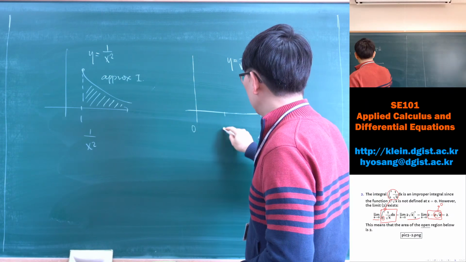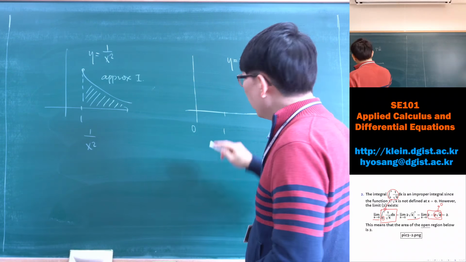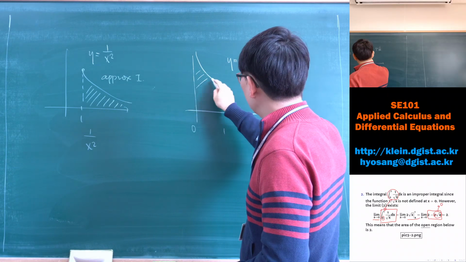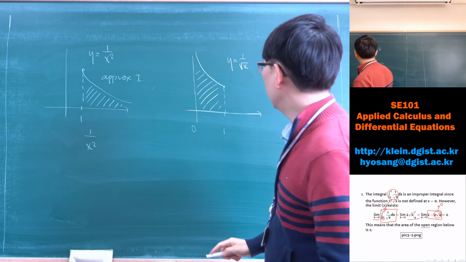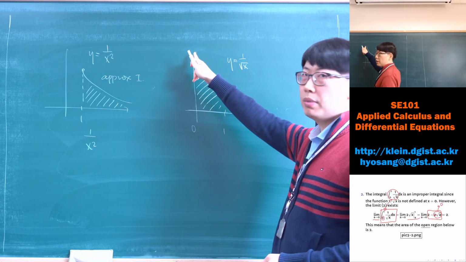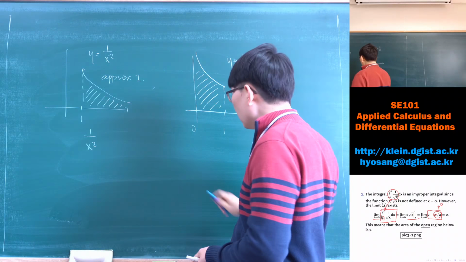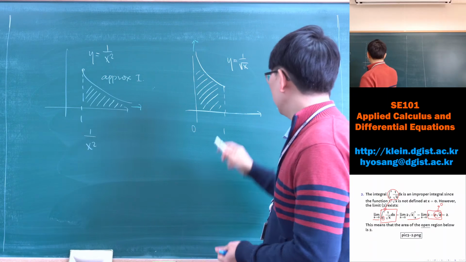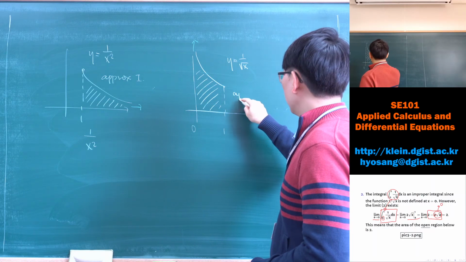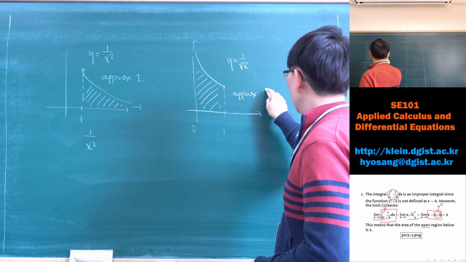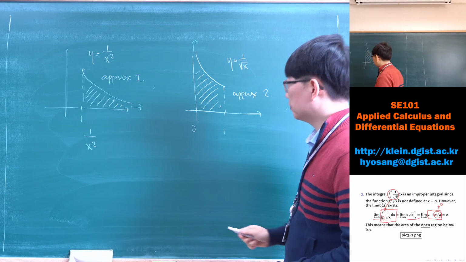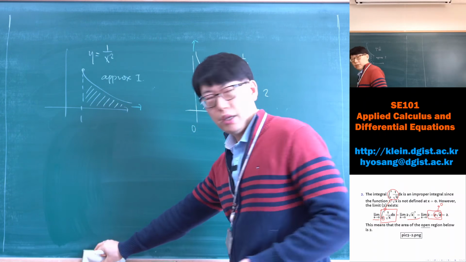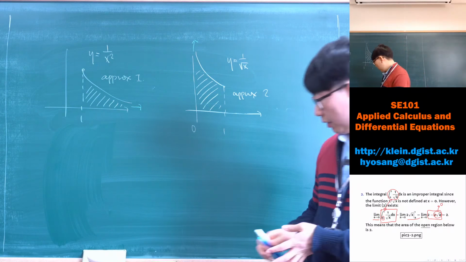Now we are taking a domain from 0 to 1, and this looks like this. The area under this curve from 0 to 1 is also unbounded here. So there's an unbounded region here and in here, and still, we have the area equal to 2. Okay, so these are two standard examples of improper integrals.